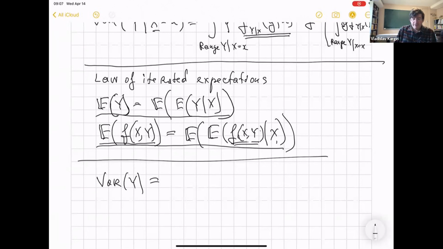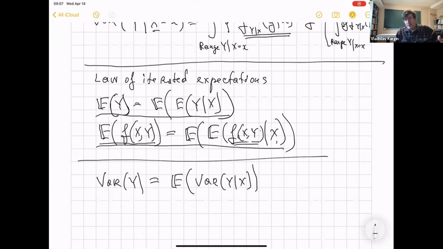We might suggest writing it as the expectation, so the average, of the conditional variance, the variance of y given x. So for every value of x, calculate the variance of y, and after that average over all possible values of x.